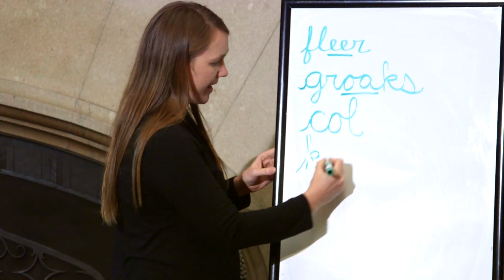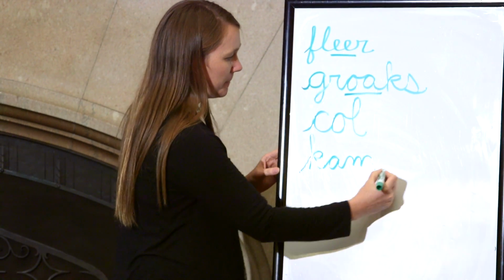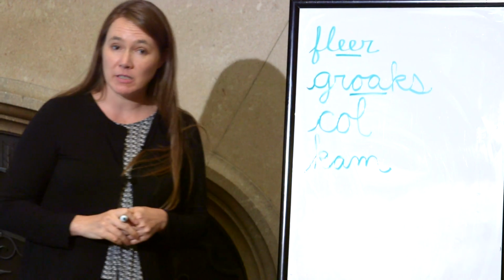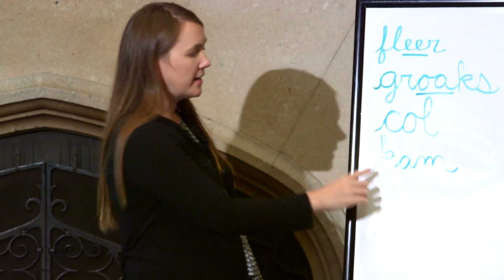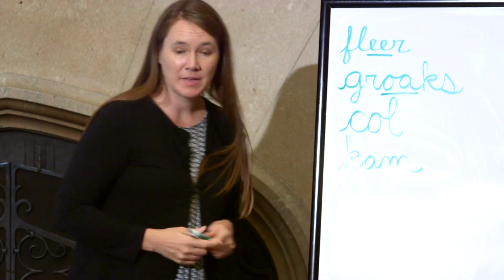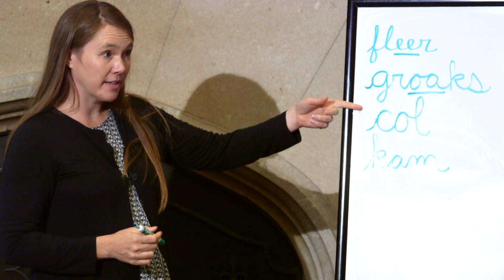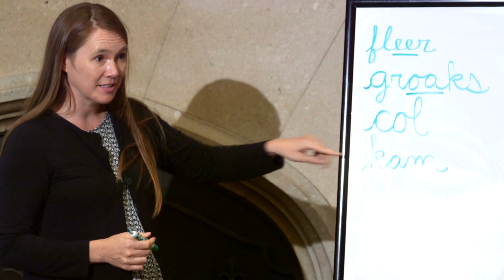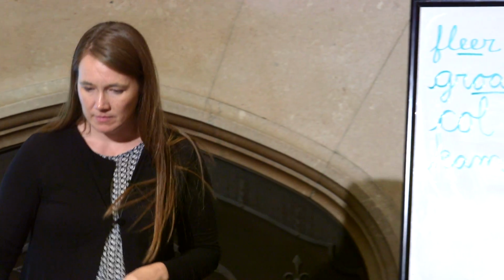K, a, m. And is there anything to mark? No? So let's read it. K, a, m, cam. Notice I had to differentiate k and tall k here. Oh, what does cam mean? Distorted.